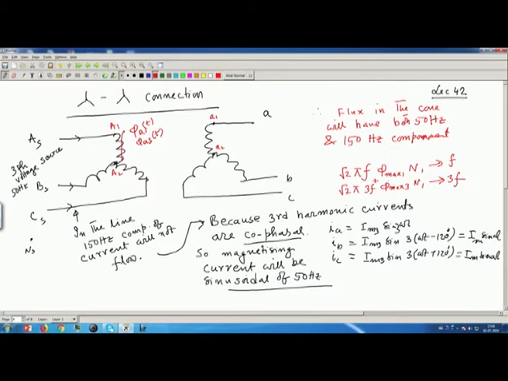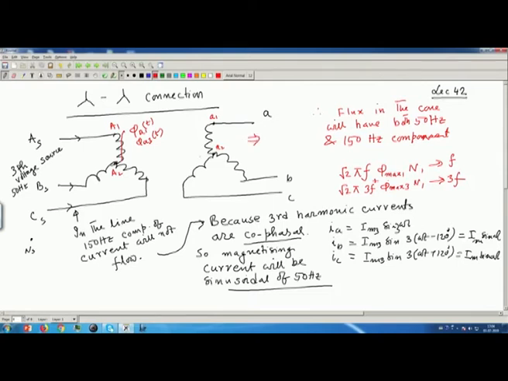And this induced voltage will be also here in the secondaries, because the same flux links both primary and secondary. Therefore, across the phases of both primary and secondary, as if there will be two sources of EMF.